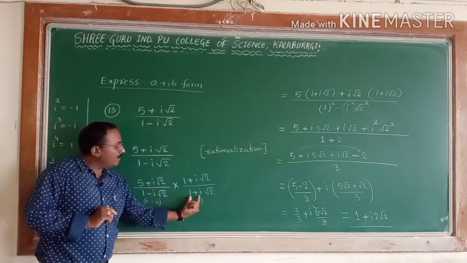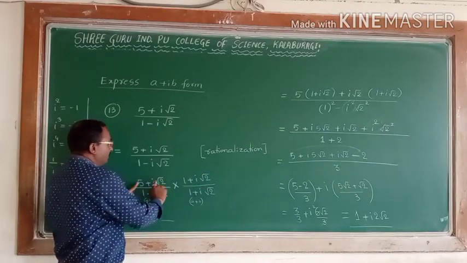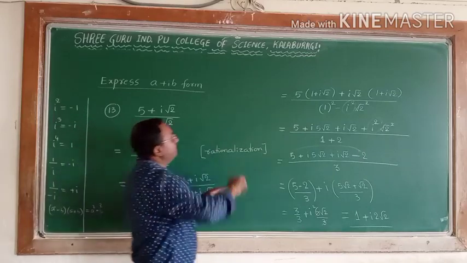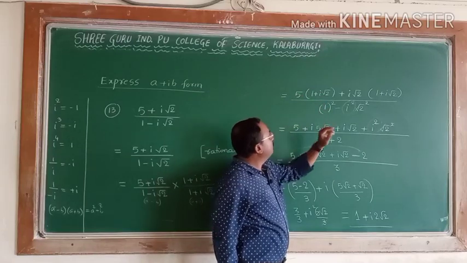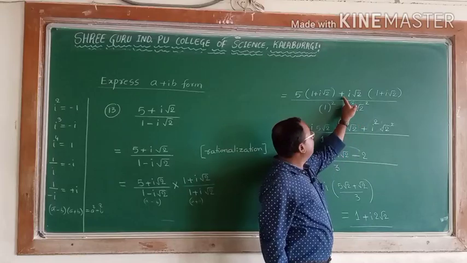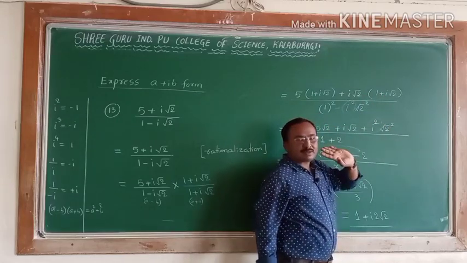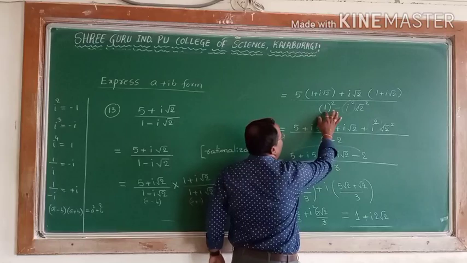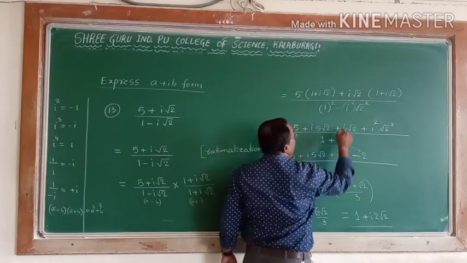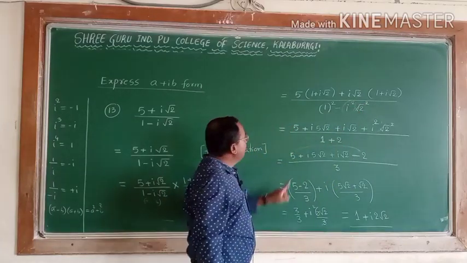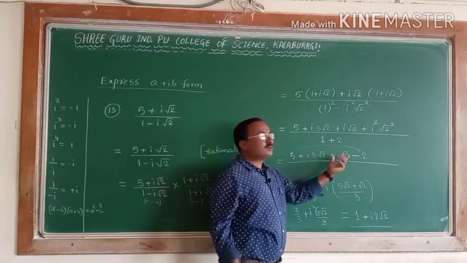The denominator uses the a minus b, a plus b formula, a squared minus b squared, which gives 3. The numerator gives 5 minus 2, which is 1, and 5 root 2 plus 1 root 2, total 6 root 2.